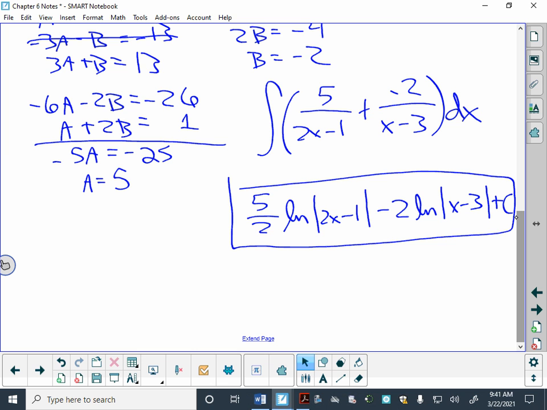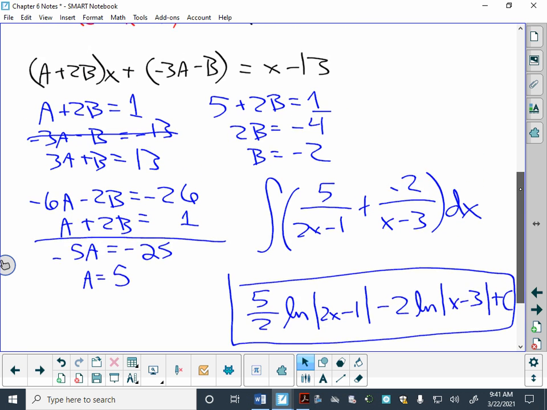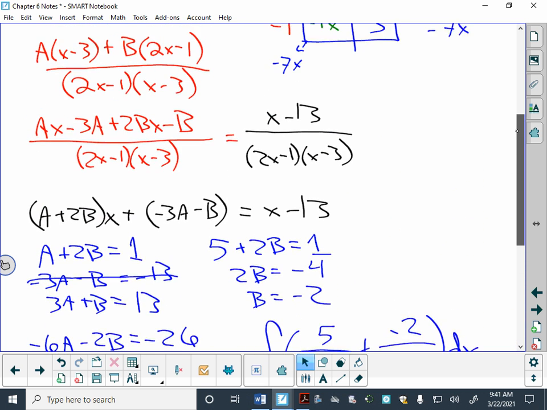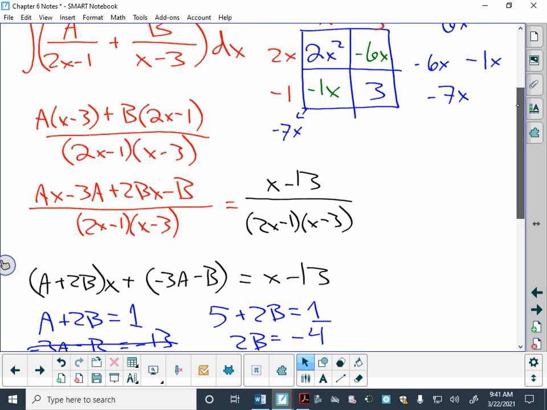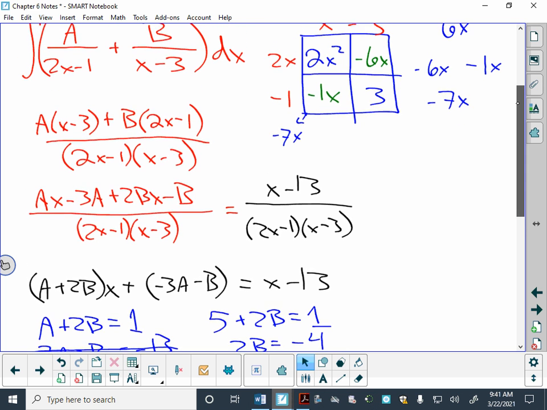Eventually I came up with, and it actually was helped by this book. I think this book calls it the Heaviside method.